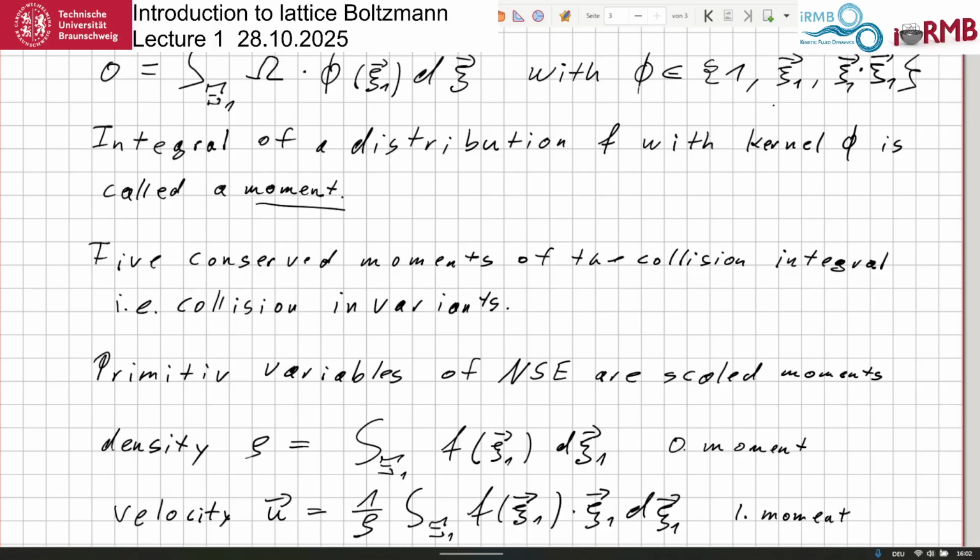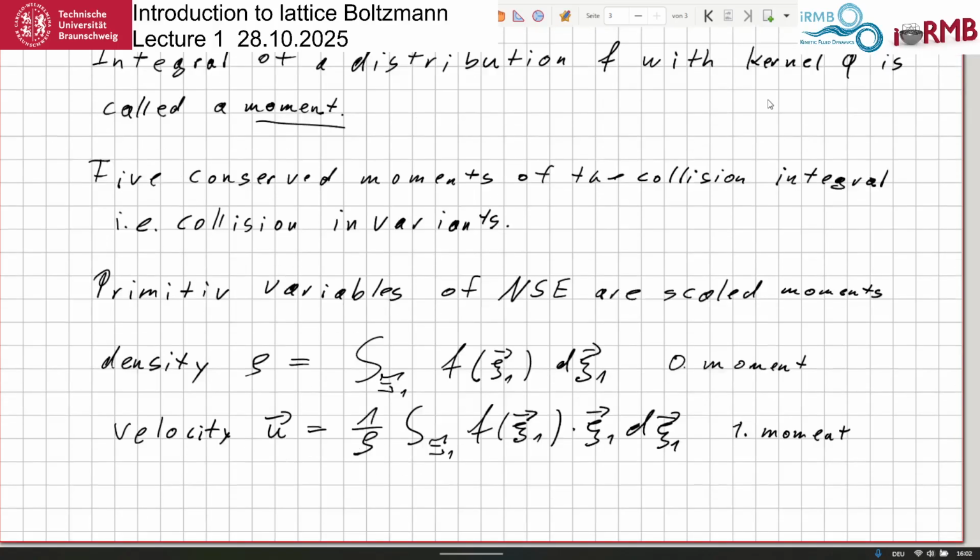Then we have the second moment. We could do several things here. We'll understand this a little bit later. I now call this temperature, and in my notes I just call this T. I should probably call this T times k Boltzmann. What is k Boltzmann?